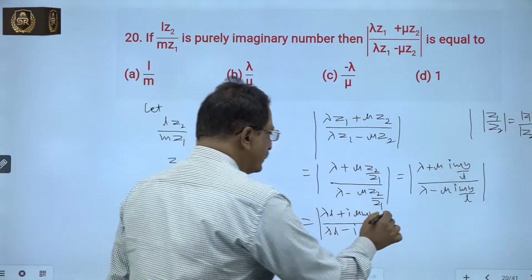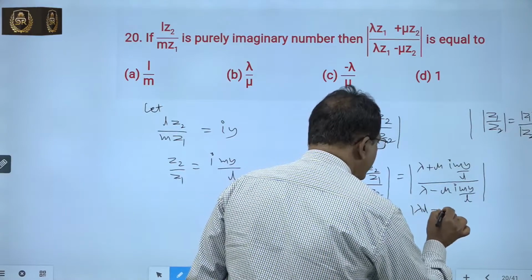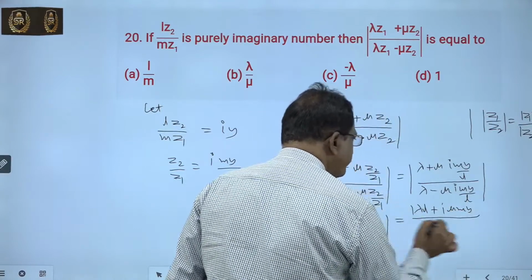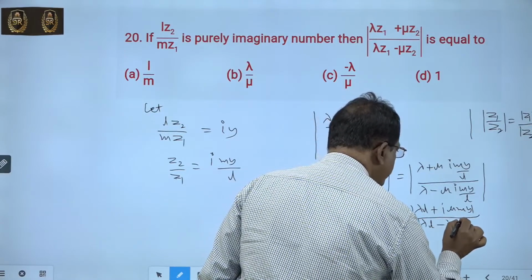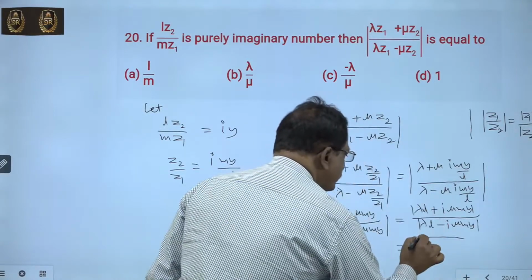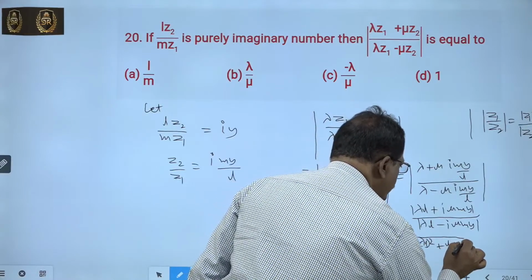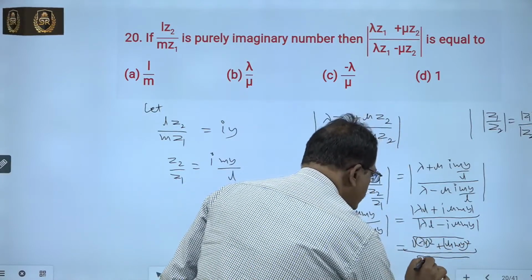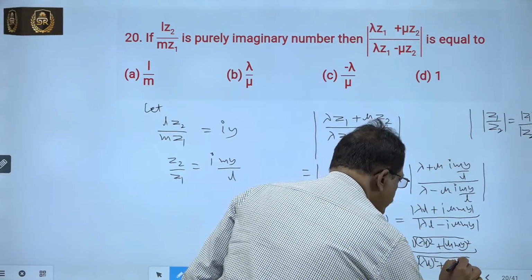Now that equals mod of (λ² + i μ²y) by mod of (λ² − i μ²y), that equals square root of the numerator's real part squared, (λ²) whole square plus (μ²y) whole square, by the denominator, which is also the same thing, square root of (λ²) whole square plus (μ²y) whole square.